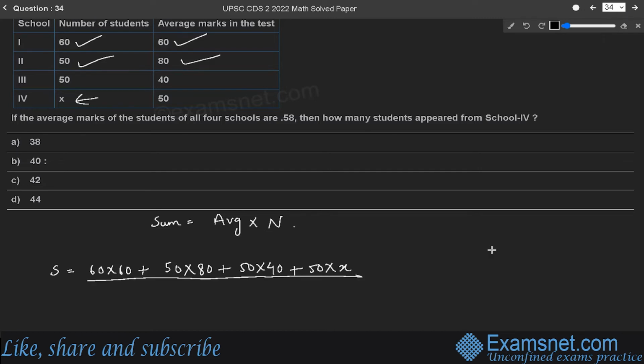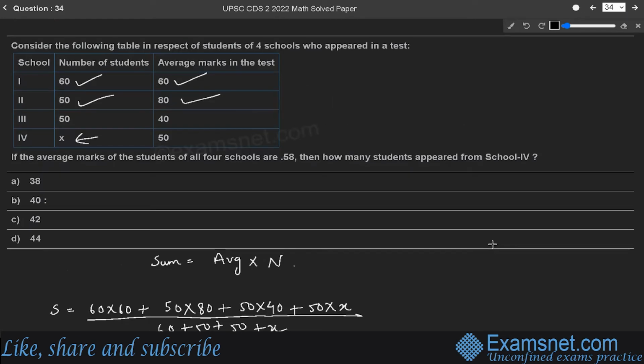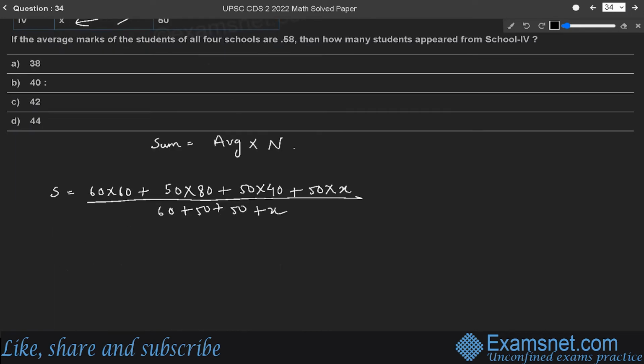Total number is the sum of all the students. Students are 60 plus 50 plus 50 plus x. You can see in the table that the number of students is 60, 50, 50 and x. So we have added all the students, and this is the total number of students, which is n.